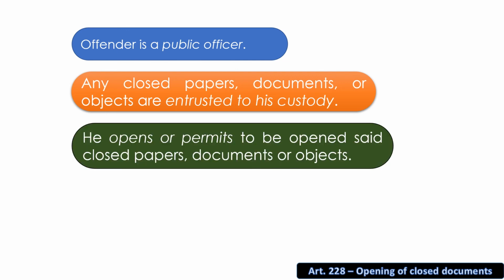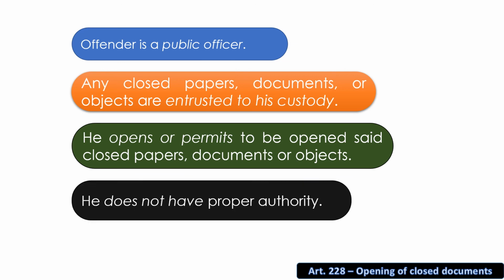Number 3, the public officer opens or permits to be opened said closed papers, documents, or objects, and he does not have the proper authority. Just take note that in Article 227 and 228, damage or intent to cause damage is not an element. Hindi kagaya dun sa Article 226 kung saan damage is an element of the crime.